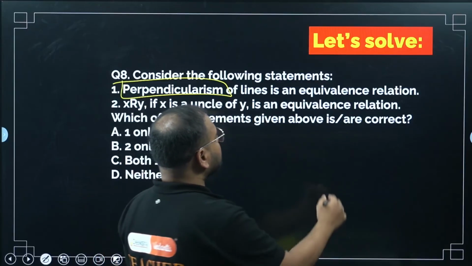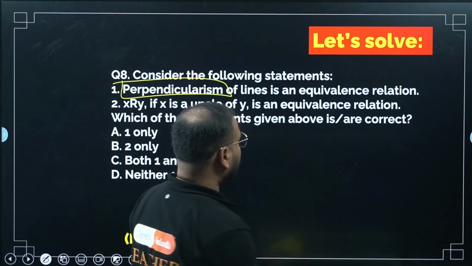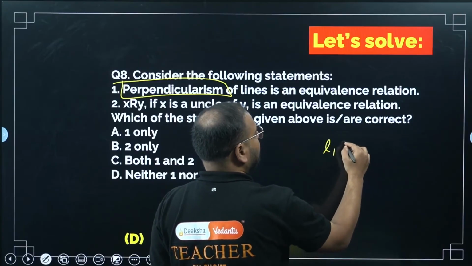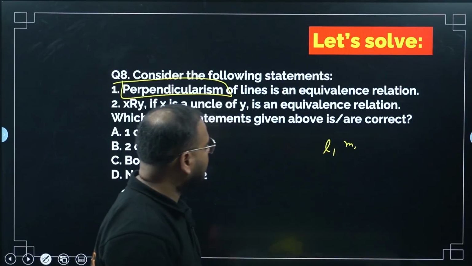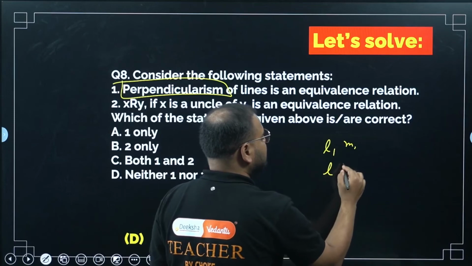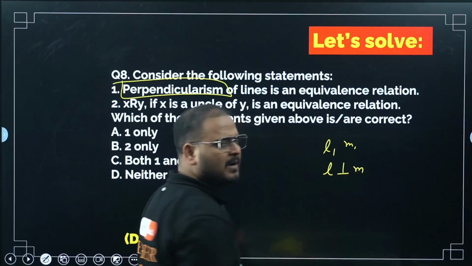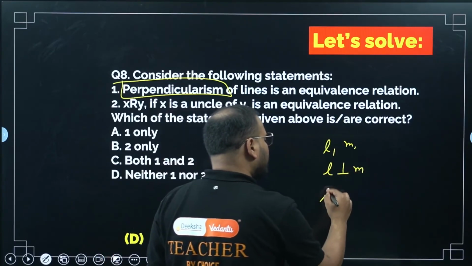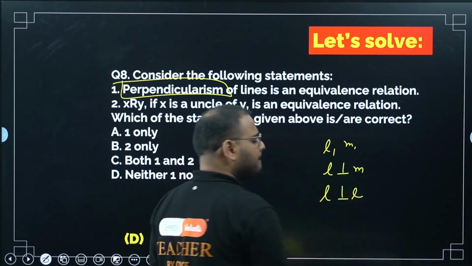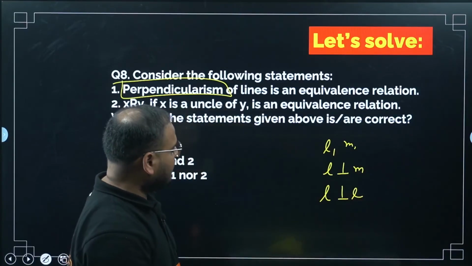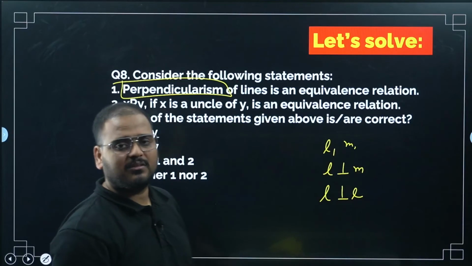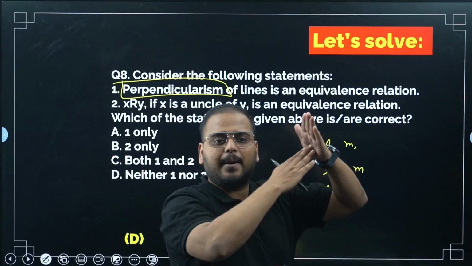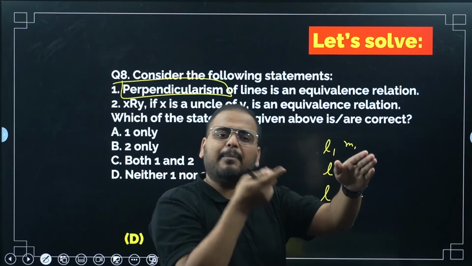How? Check. If I take lines L and M, and it is given that L is perpendicular to M, does it mean that L is also perpendicular to L? No sir. If L is perpendicular to M, then how will L be perpendicular to itself?